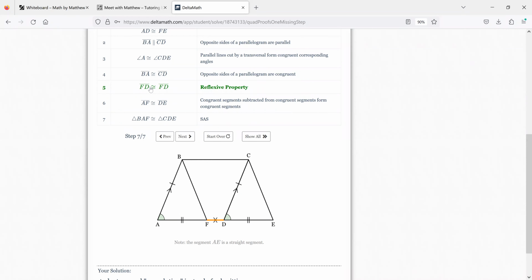Angle, angle. Okay. All right, so it looks like we're proving that AFD is congruent to EDC. No, AFD, EDC. Okay, let's try that.